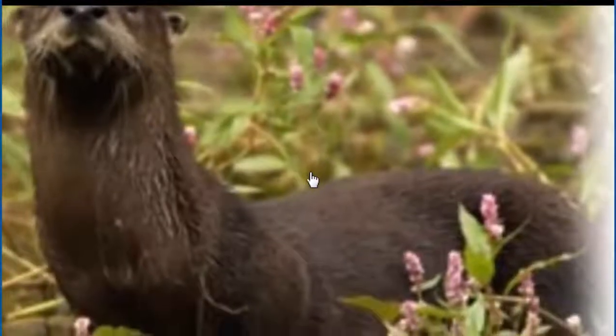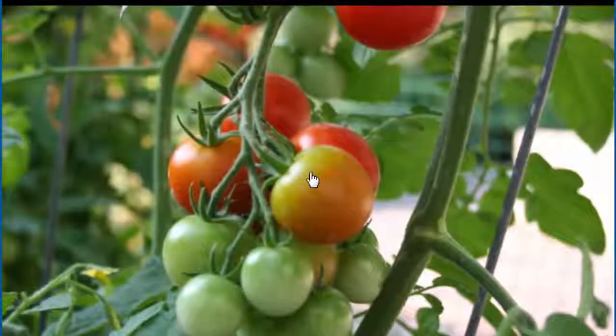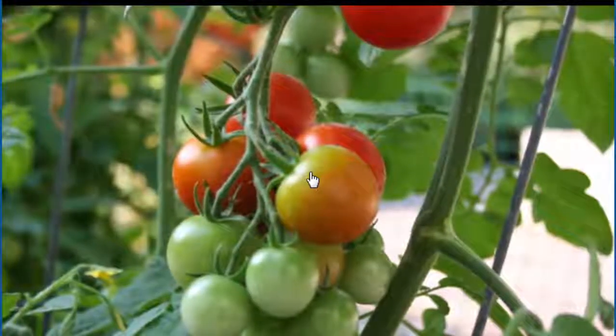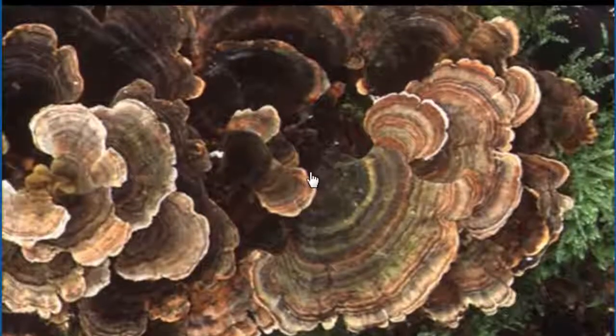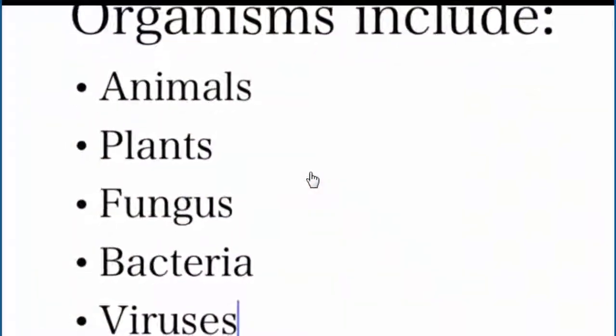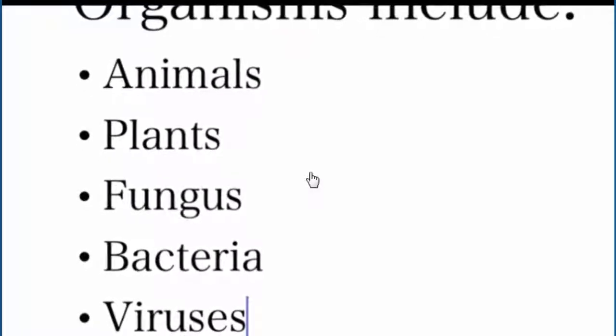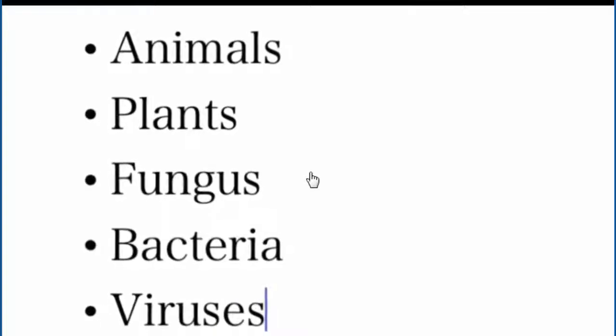So this otter might poop, and the poop from the otter absolutely counts as a biotic factor. The leaves, when they fall off this tomato plant, may count as a biotic factor. The interaction between the fungus and the tree counts as a biotic factor. Here are some examples of organisms: animals, plants, fungus, bacteria, and some people would argue viruses.